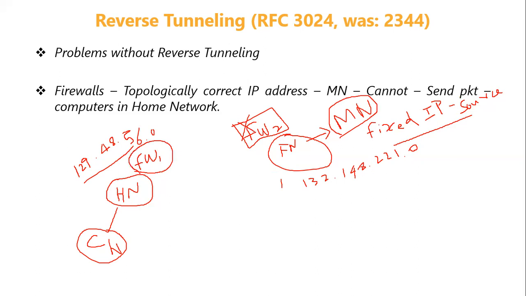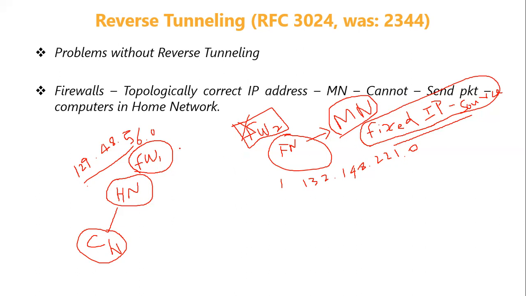The reason is that someone outside this particular intranet is sending a packet with an IP address that belongs to a system inside this intranet. So this firewall will think that it is an attack.